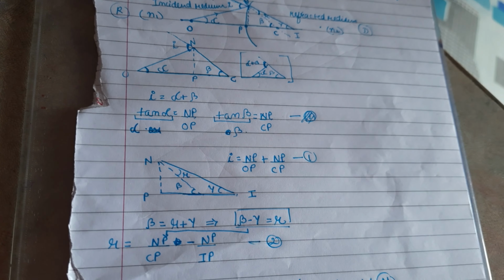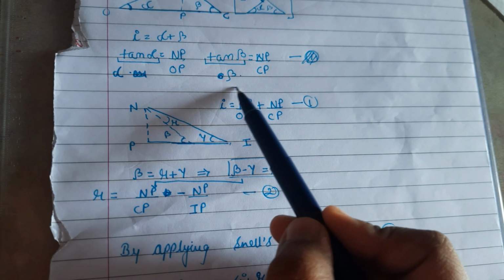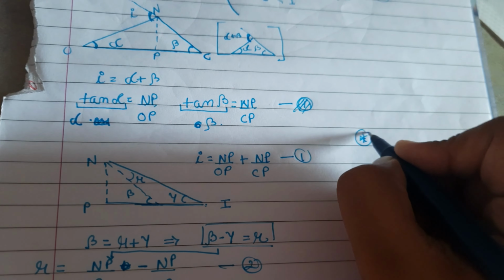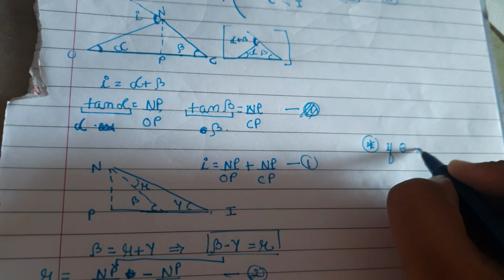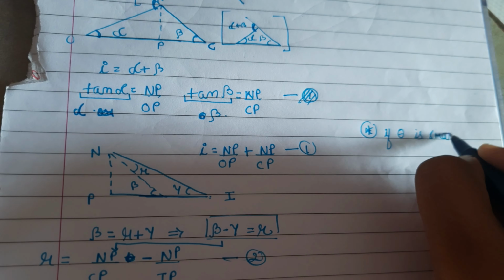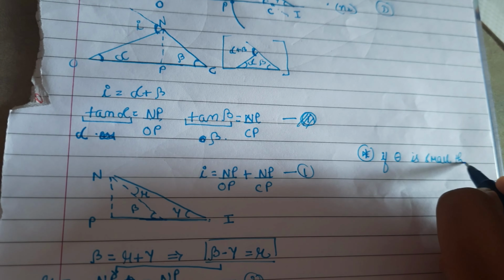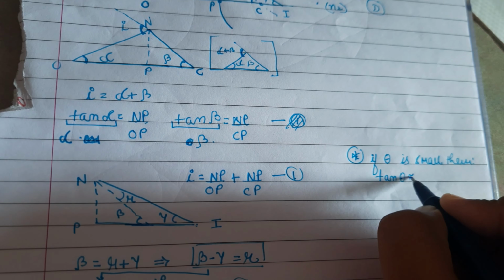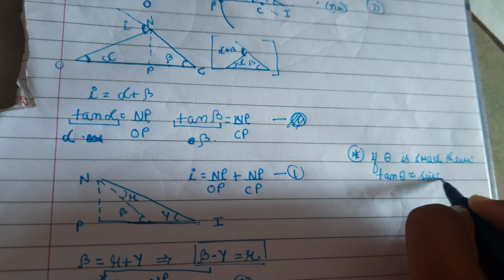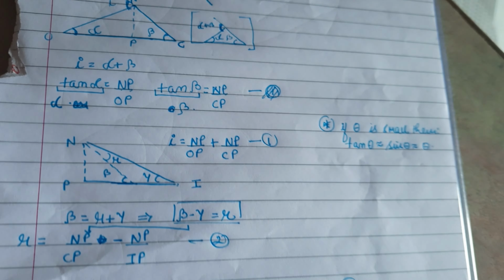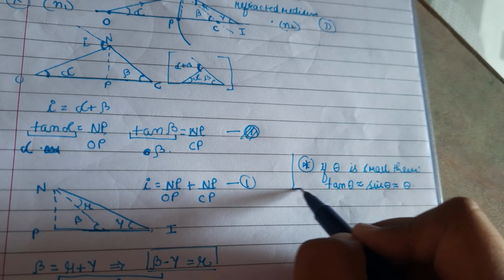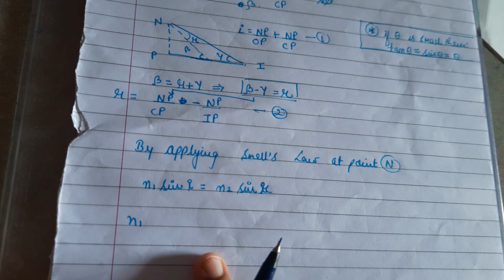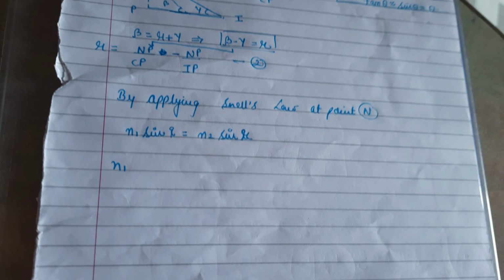What is sine i? As I told you, if theta is small, I'll just write the condition over here. If theta is small, then tan theta is almost equal to sine theta, which is almost equal to theta. This is an important condition. So tan theta will also be equal to sine theta.